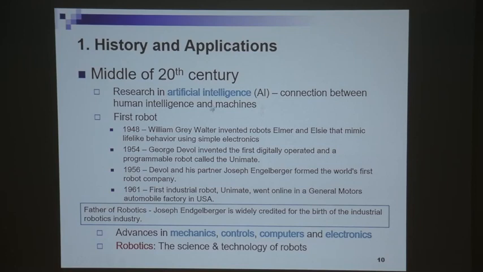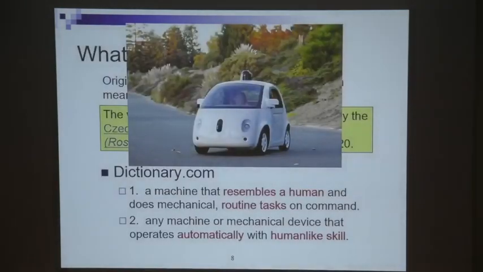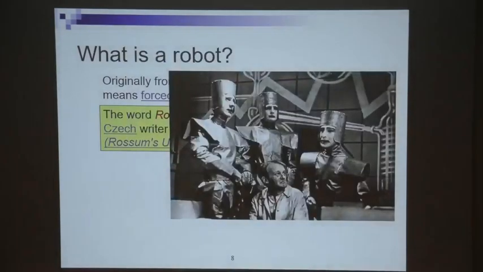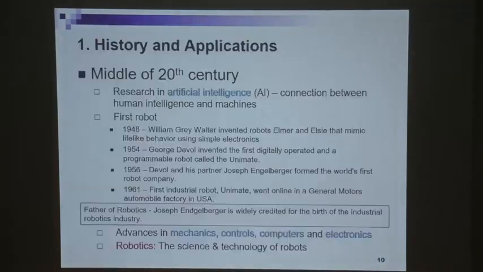So the first robot was invented in 1948. This is the first robot that mimicked lifelike behavior using simple electronics.